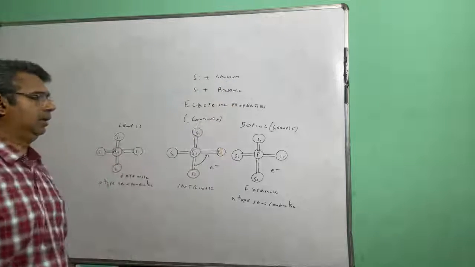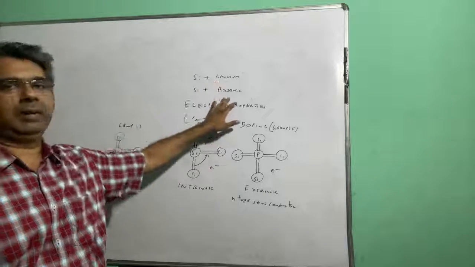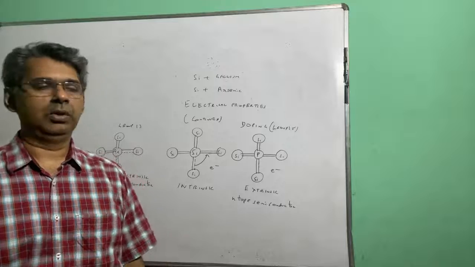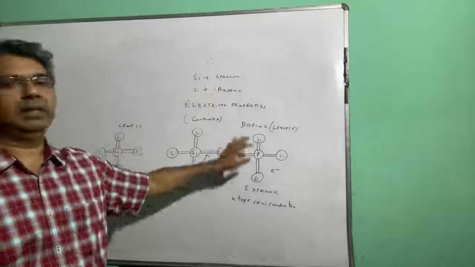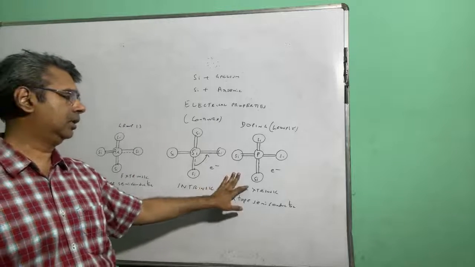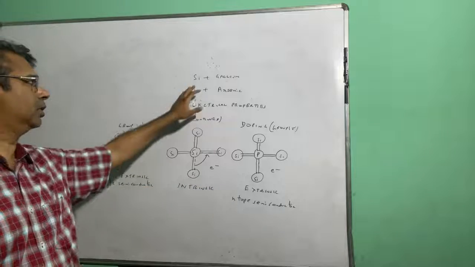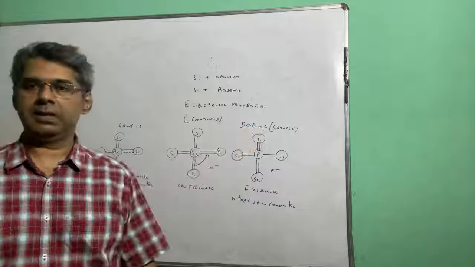You will have to first look at the periodic table and decide which group gallium and arsenic are in. You will have to decide whether gallium and arsenic are pentavalent or trivalent, and accordingly draw the extrinsic semiconductor, whether it is n-type or p-type, for silicon plus gallium and silicon plus arsenic.